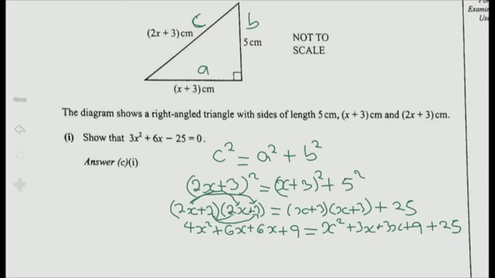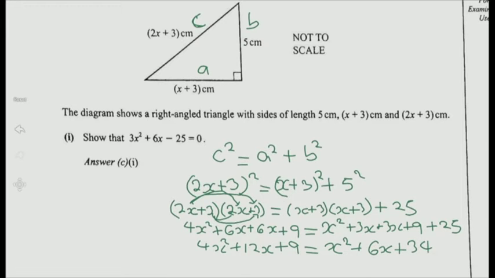Then you can collect like terms. Coming to the left-hand side, it's 4x squared plus 6x plus 6x, so that will be 12x, plus 9, equal to, collecting like terms this side, you get x squared plus 6x plus, then your 25 plus 9, that will be 34.